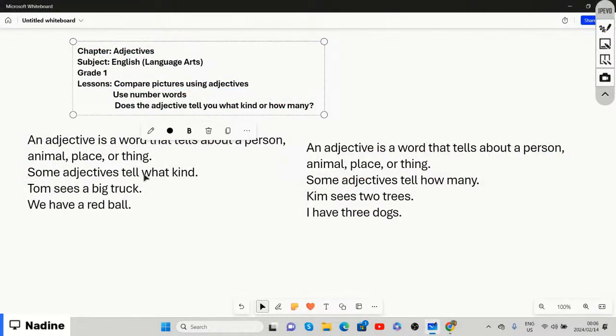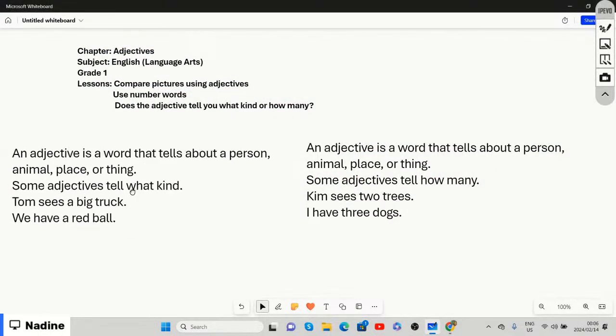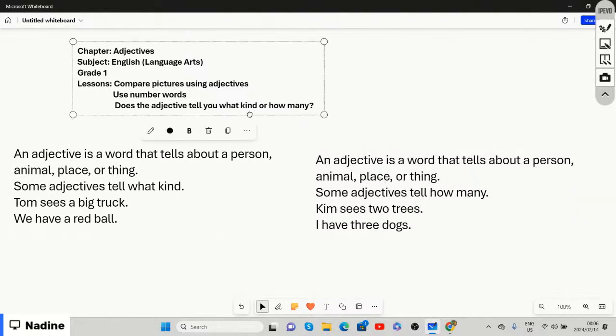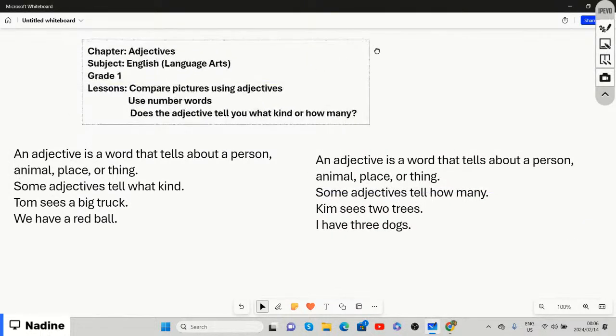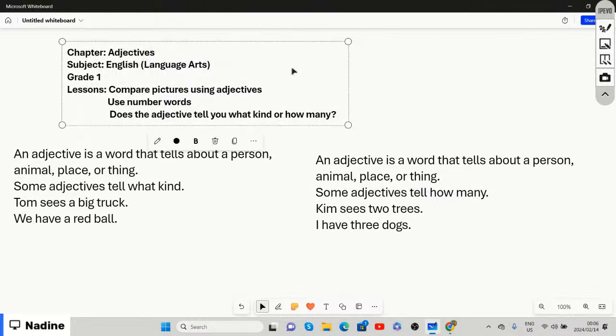So our chapter is adjectives. Our subject is English language arts, grade 1.